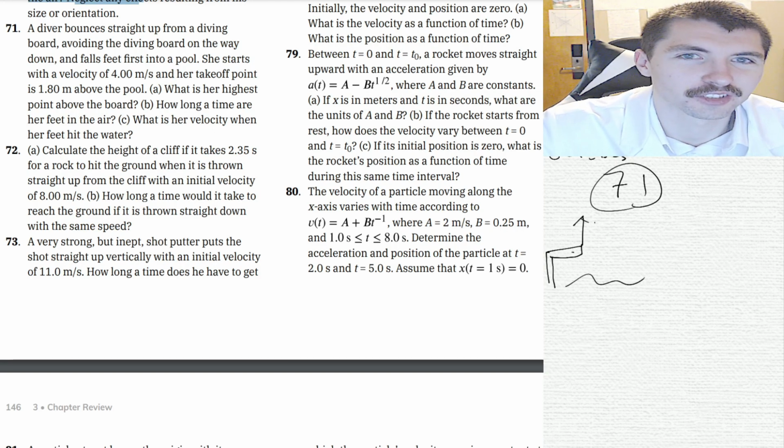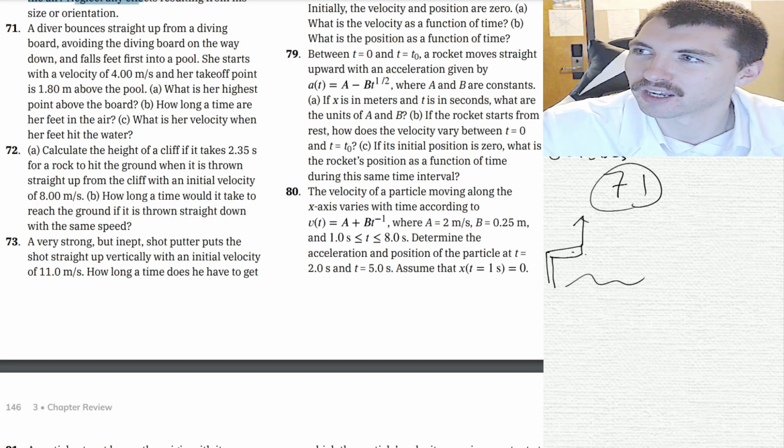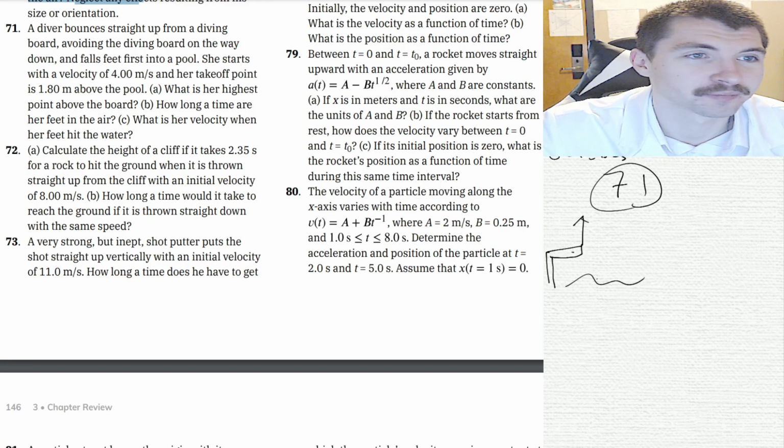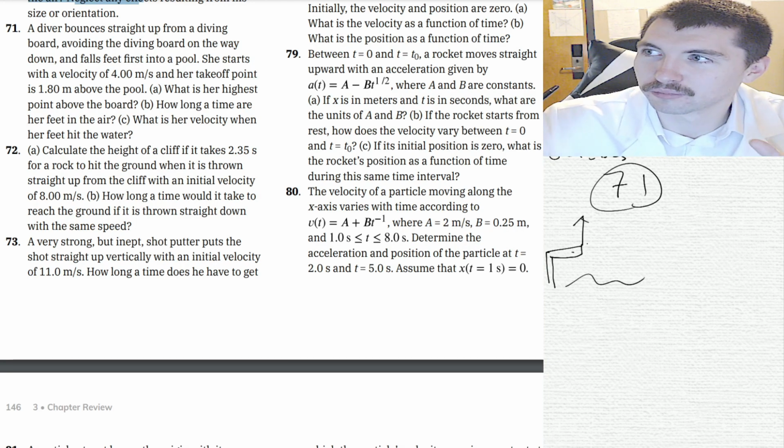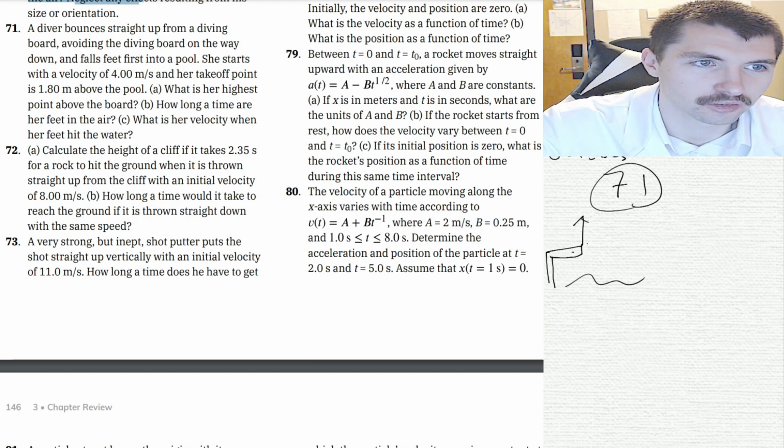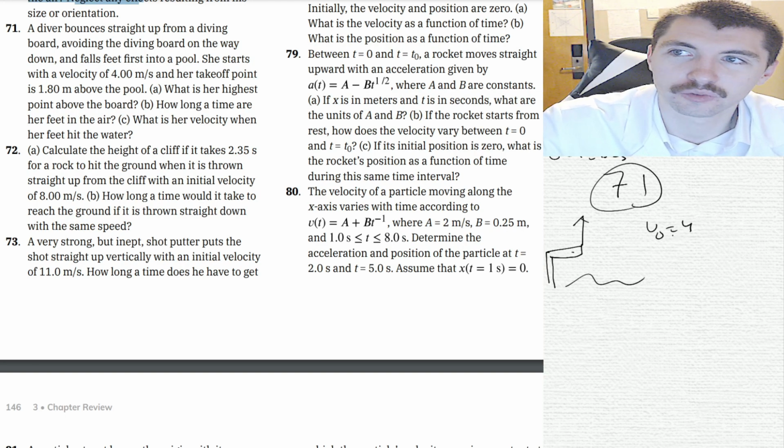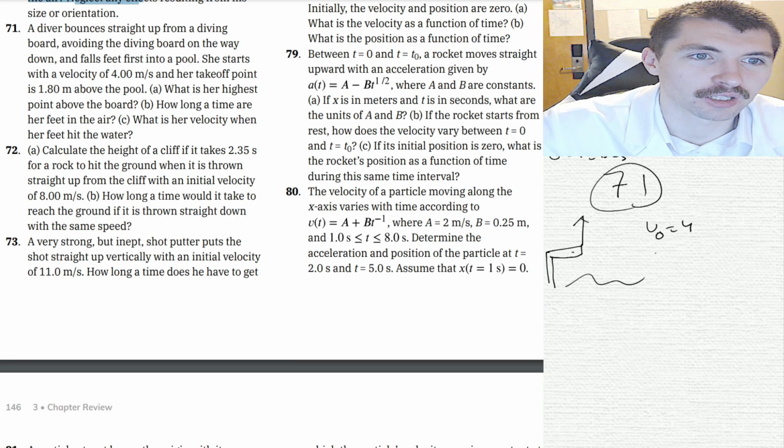So he's straight up, but he's going to avoid it somehow. I guess maybe the diving board is going to move back, or he goes at an angle. Straight up, in quotes. All right. So she starts with the velocity V naught is 4. Takeoff point, so y naught is 1.8.